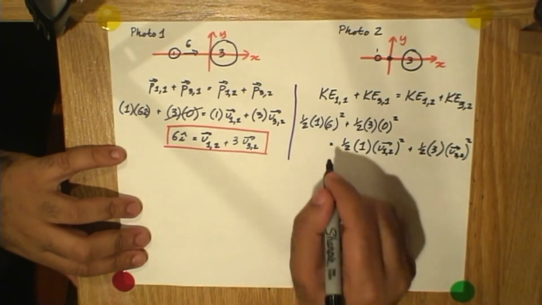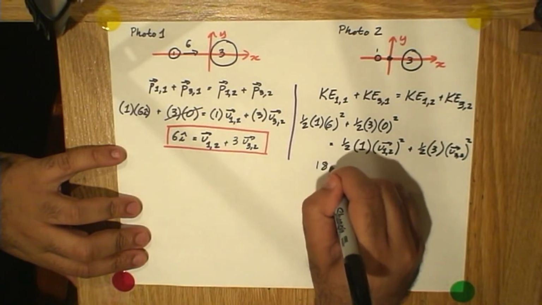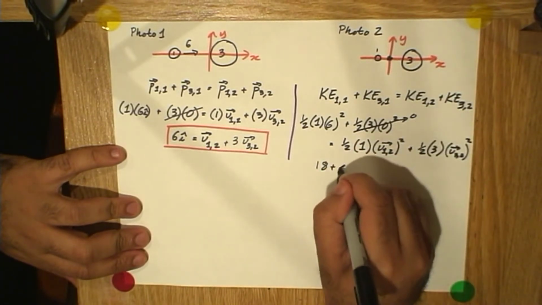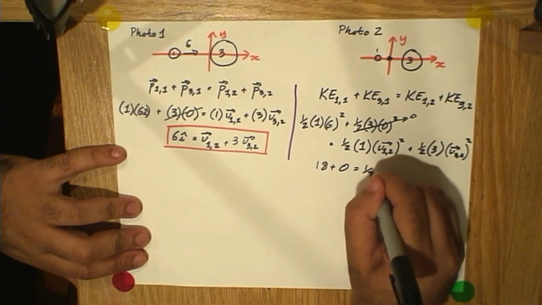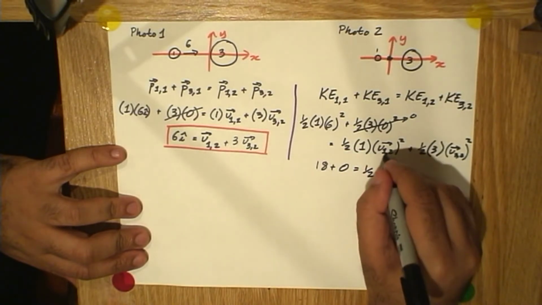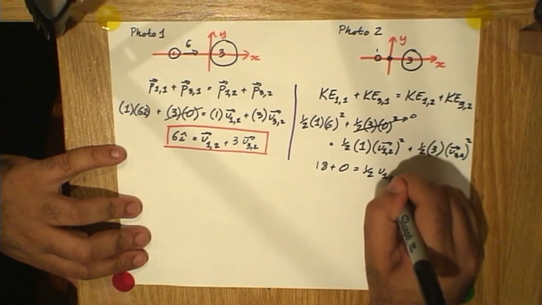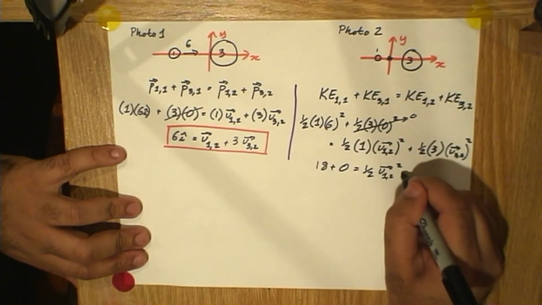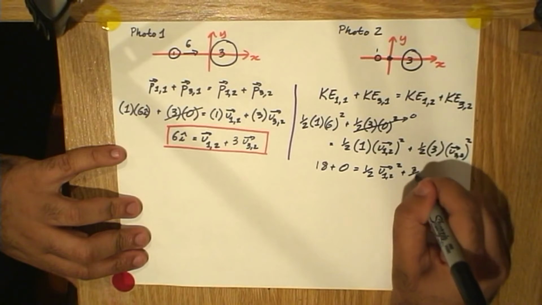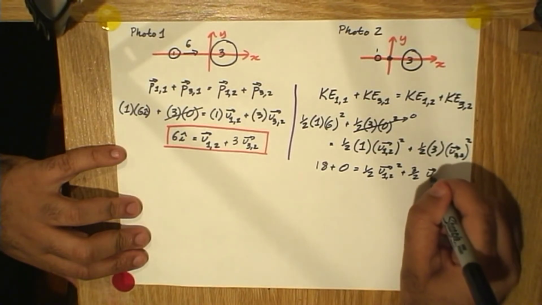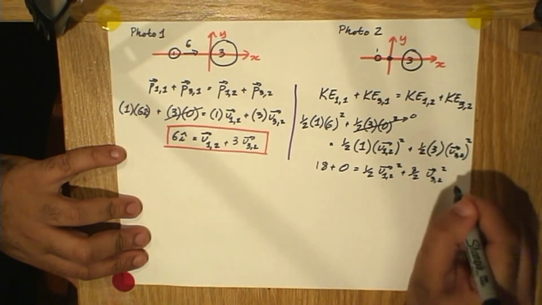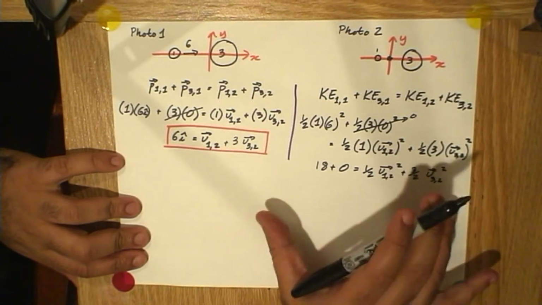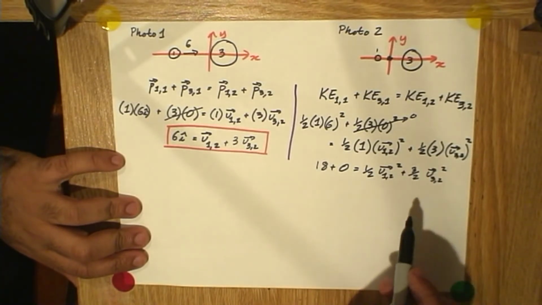So now let's simplify all of this. Half times 1 times 6 squared gives us 18, plus this term goes away because that's 0, is equal to half times 1 times the velocity of the 1 kilogram in photo 2 squared plus 3/2 times the velocity of the 3 kilogram object in photo 2 squared. Now, to simplify this a little further, I'm going to multiply everything by 2.